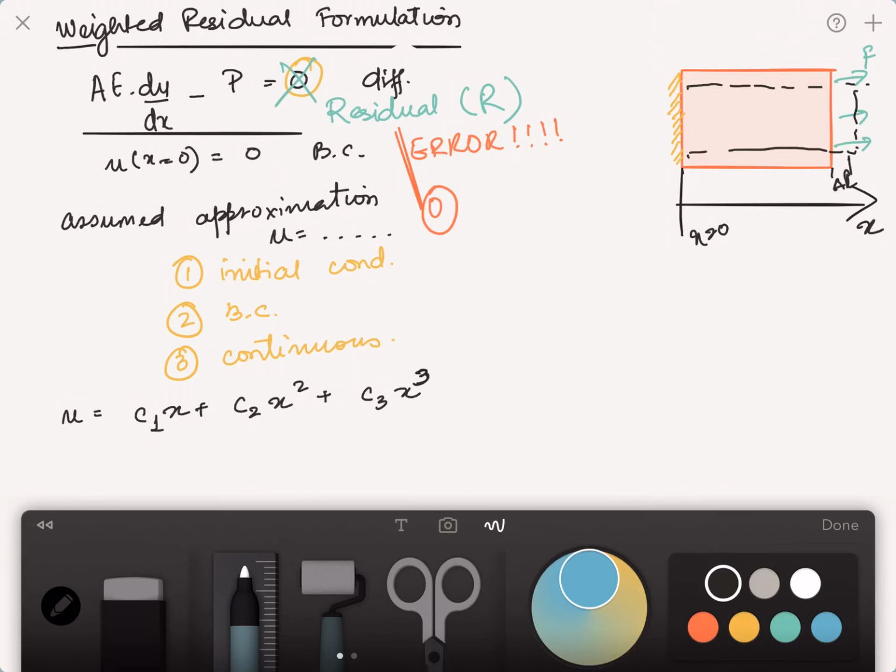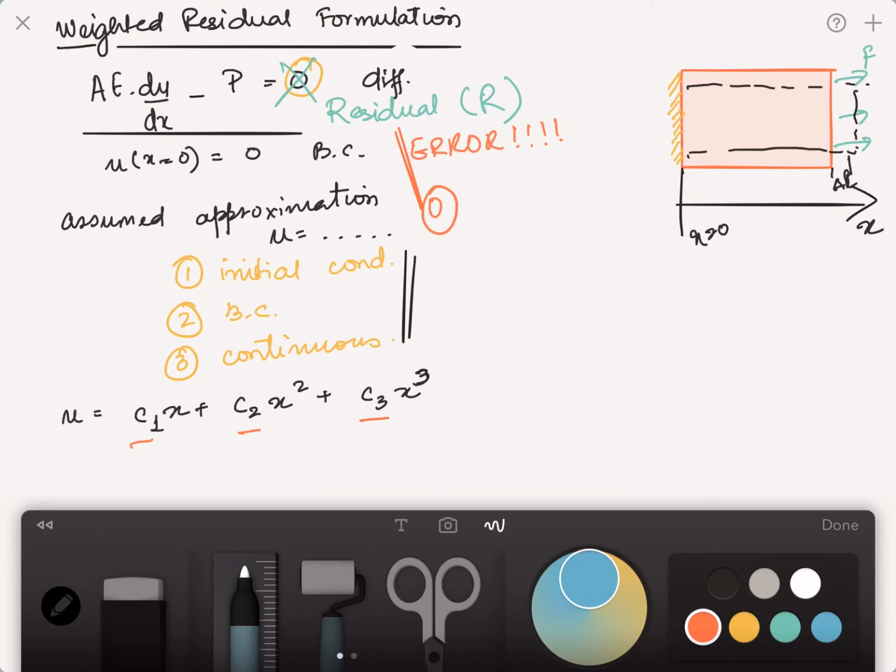It always has to satisfy all these three conditions, and if you check carefully, all the conditions are satisfied. Now my job here is to find the values of C1, C2, C3 so that I can get the exact solution to the problem.